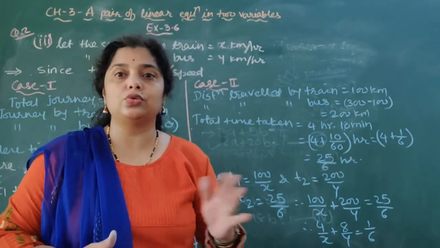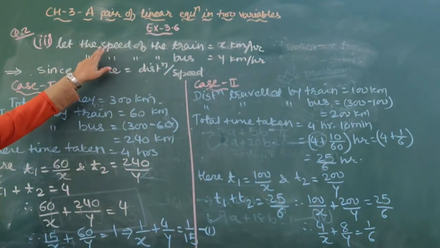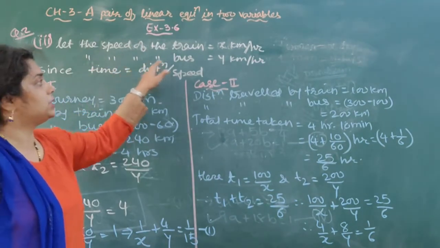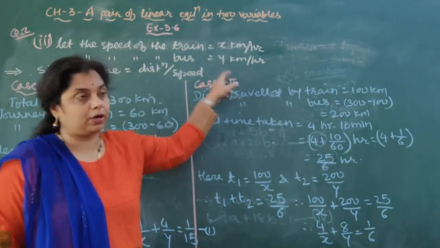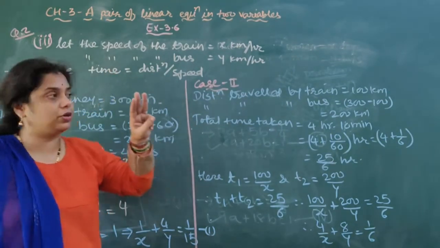And as there are 2 cases here, we can solve like this. So let's see. Speed of a train is equal to x kilometer per hour. Speed of a bus is equal to y kilometer per hour. In case 1, the total distance she travels is 300 km.